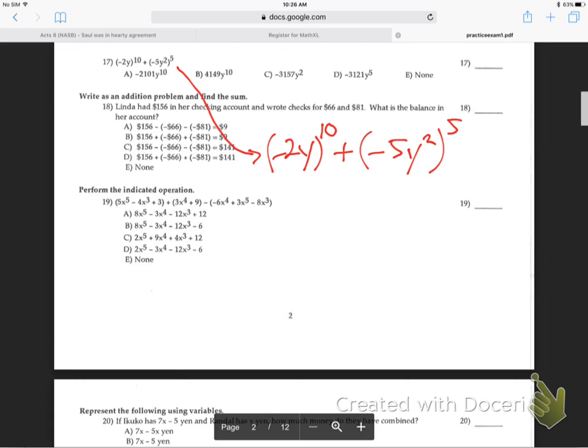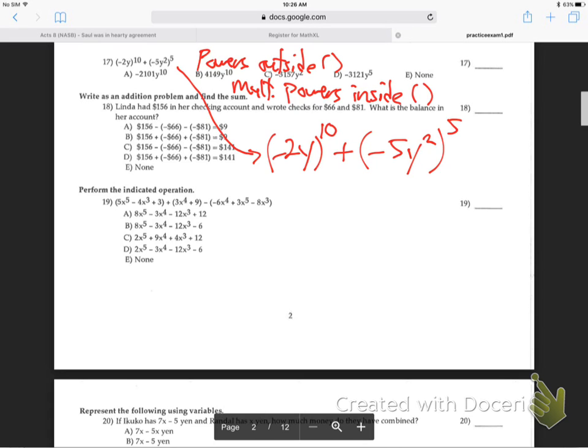What's the main rule? Powers outside parentheses, huh? We're back to the powers outside the parentheses. So remember what that means? Let me write it up here. Powers outside parentheses multiply powers inside, don't they?